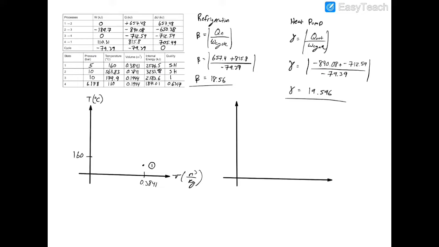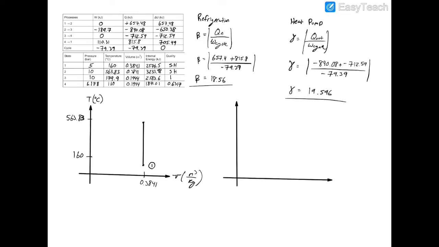The volume was constant, so you had 0.3841. So you can bring that right above to right about there, and we'll call that 563.83 degrees Celsius, and you can connect the dots, so 1 to 2.